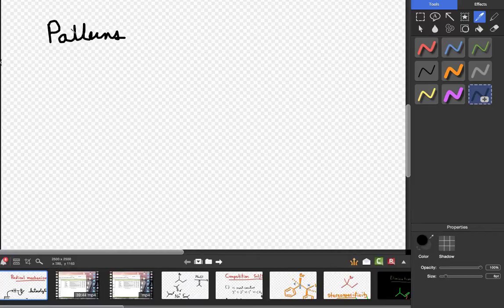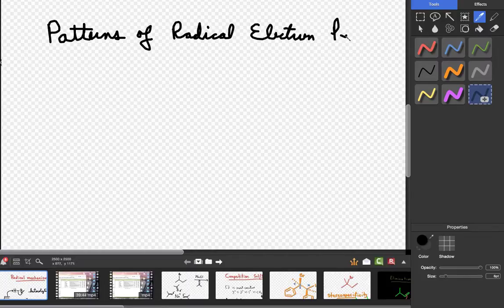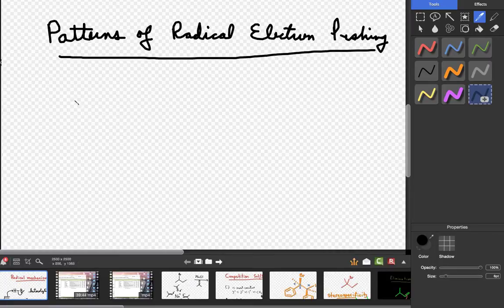Patterns of radical electron pushing. This is going to be analogous to our four mechanistic patterns that we saw with polar reactions, but these are all going to be radicals. So the first one we've already seen.